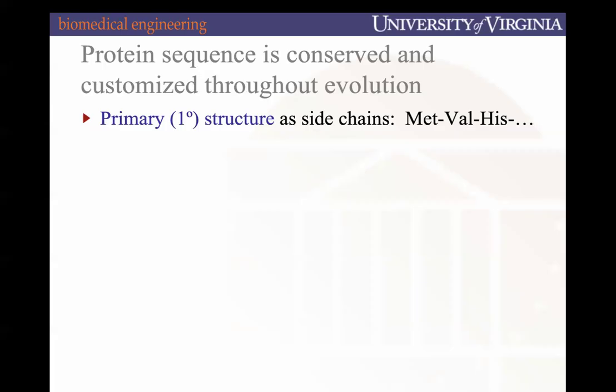Primary structure is simply just listing out the amino acid sequence, listing out the Lego pieces that are involved with creating this protein. And for every protein, there's a gene that corresponds to it. And so the amino acid sequence is determined by that gene. So the primary structure, again, is just listing out in order the amino acid sequence of that protein.